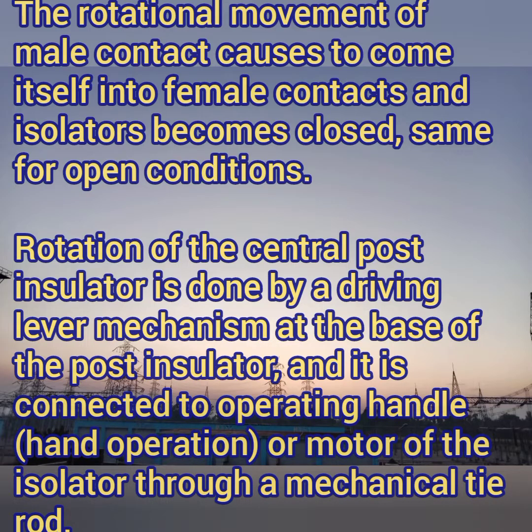Normally, the rotational movement of the male contact causes it to come into the female contact, and the closing path is provided. Similarly for opening, the male contacts get separated. The rotation of the central portion is done by a lever mechanism at the base of the post insulator, and it is connected to be operated by hand, or through a motor or electrical operation.